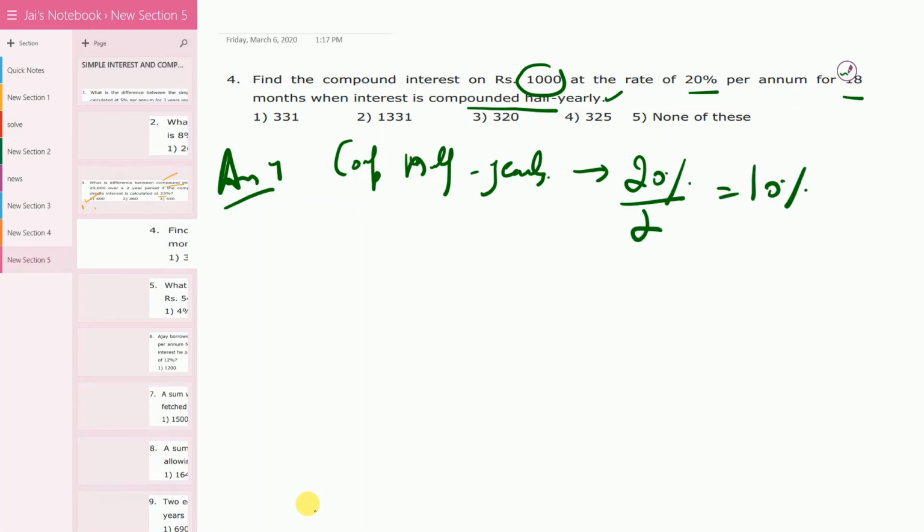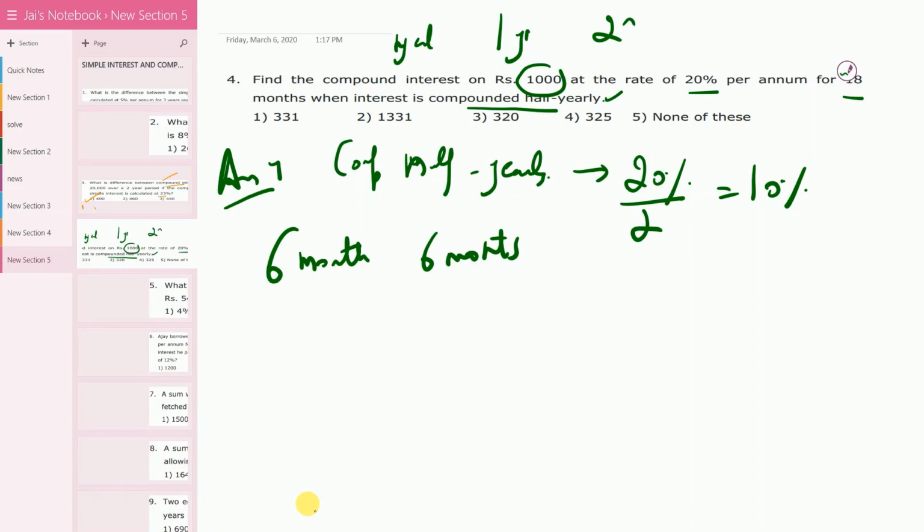This simply means that the first compound interest will be given at 6 months, the second for another 6 months, and yearly means simply the first compound interest will be given after 1 year, the second after the second year.